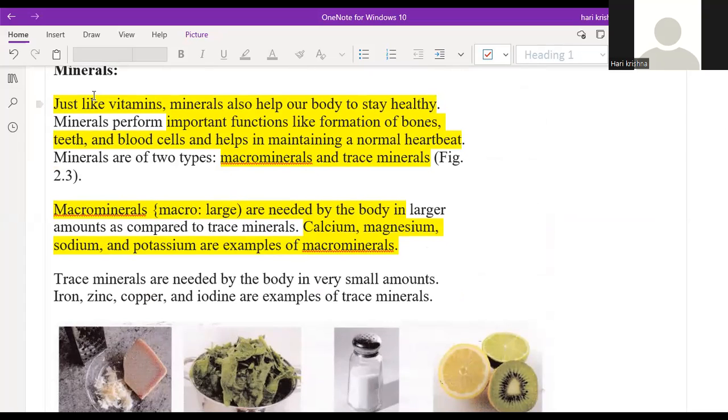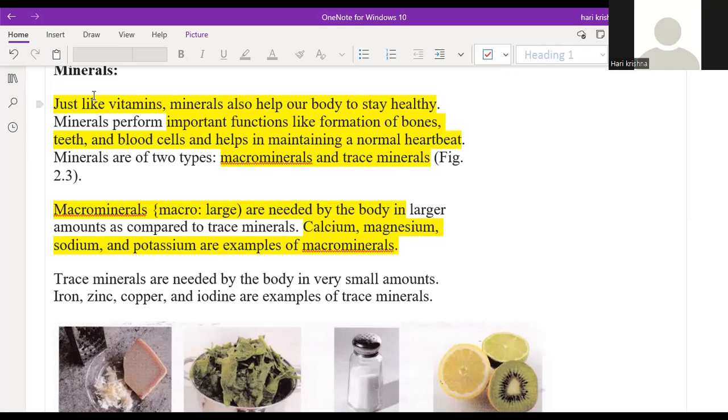Minerals perform important functions like formation of bones, teeth, and blood cells, and maintaining normal heartbeat. Macro means large. The minerals that are in large quantity are the macro minerals, and the minerals that are in very minute quantity are the trace minerals.